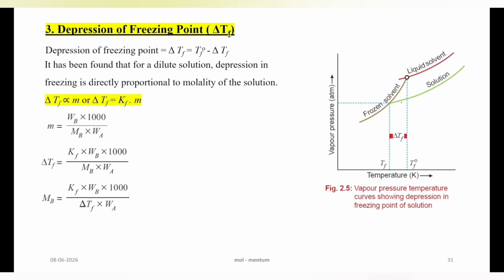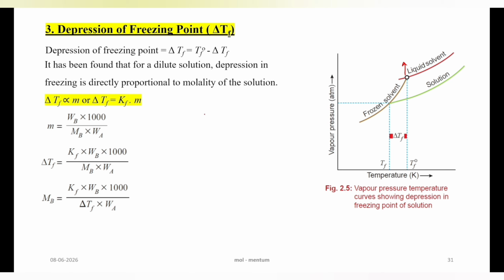Whenever we add any solute into any pure solvent, there is a decrease in its freezing point. That means it freezes at a slightly lower temperature than the freezing point of the pure solvent. So it is depression in freezing point.